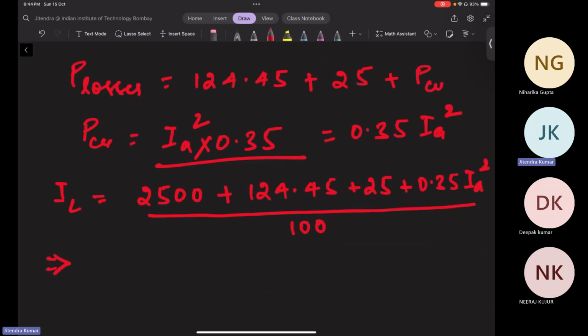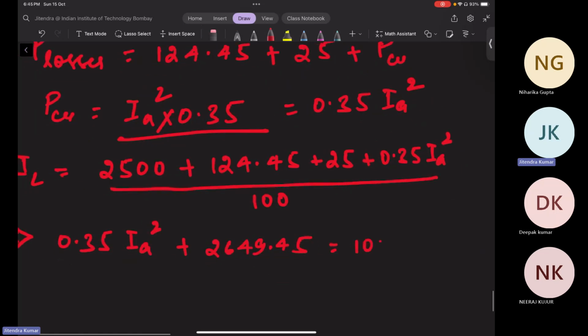Now if we convert IL to IA, it will become a quadratic equation, right? That quadratic equation will be 0.35 IA square plus 2500 plus 124.45 plus 25, that is 2649.45, is equal to 100 IL.